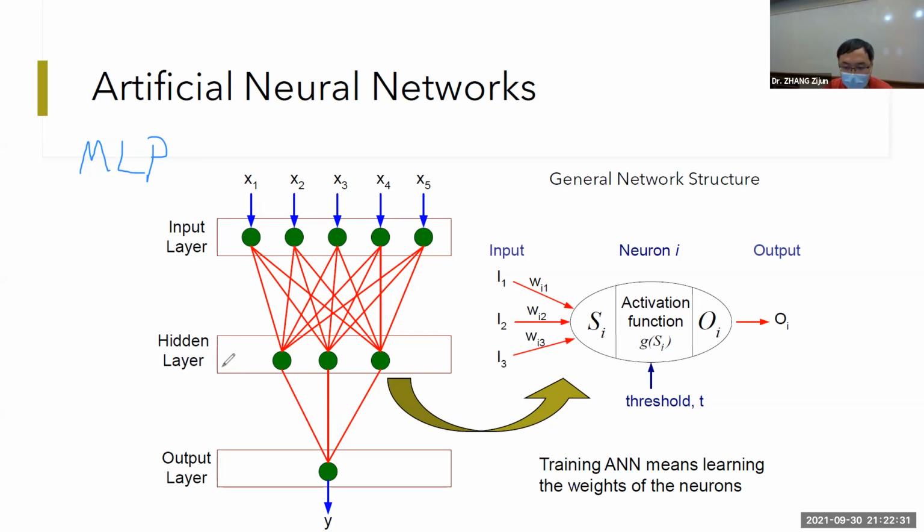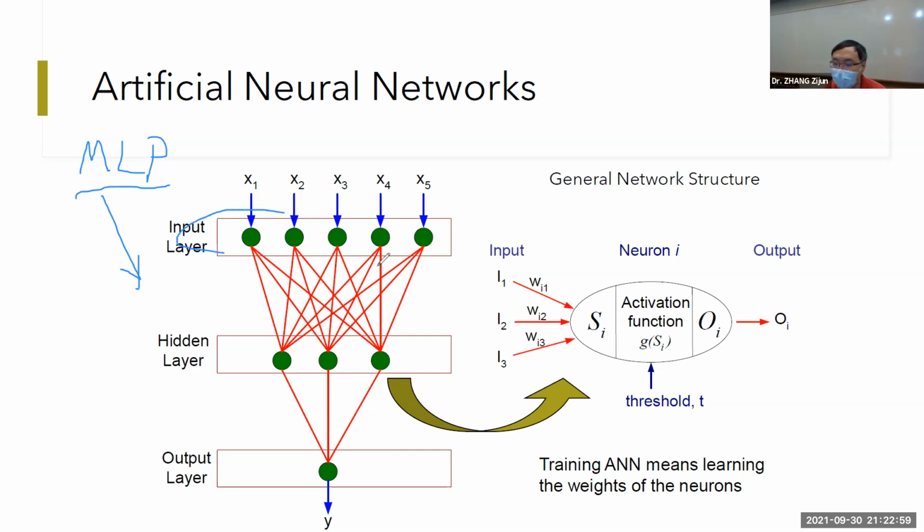Just 3 layers. You can have more hidden layers, then that network becomes deeper. Sometimes we call that a fully connected deep neural network. But when we talk about multi-layer perceptron in classical machine learning, it usually refers to a network with 3 layers.